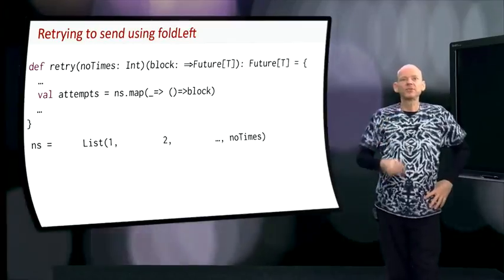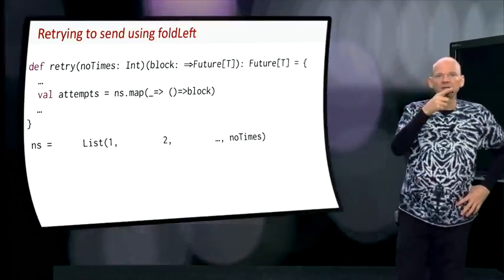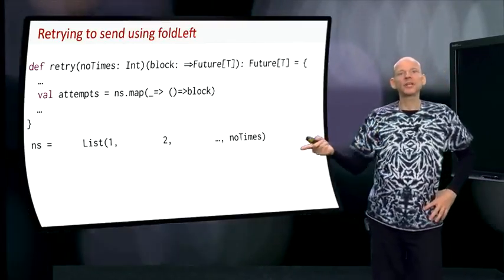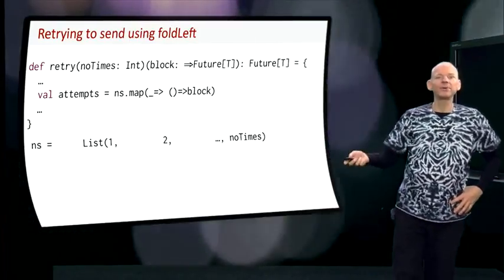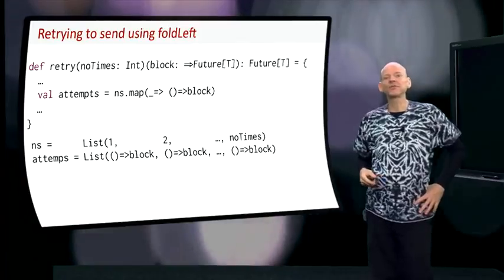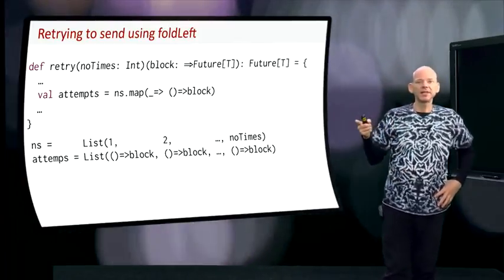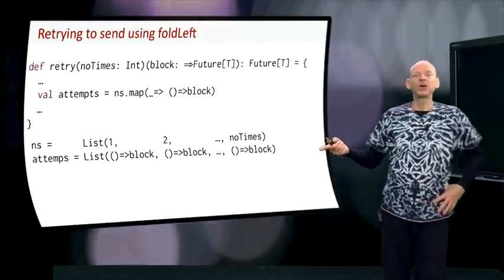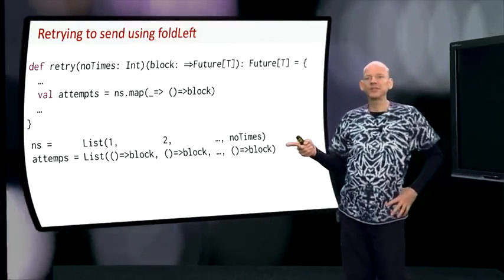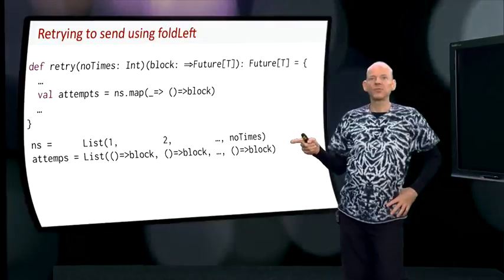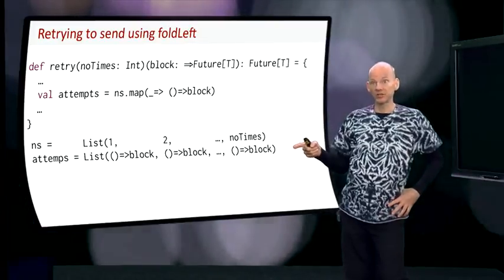If you don't believe me, let's do the derivation here. First, we run the list, that's the simple thing. Then we map the number of attempts over that, so now we get a list of n blocks. Remember, it is super important to do this because we don't want to accidentally execute the blocks.